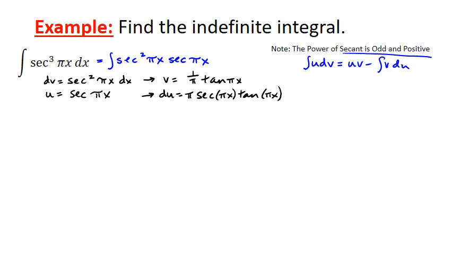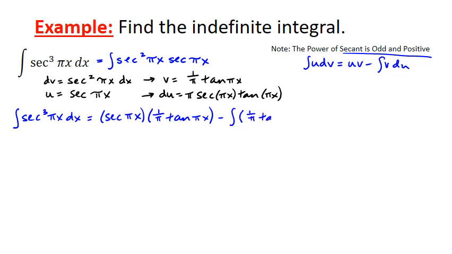Okay, so here we go. Now that we know all of these pieces, we are going to apply integration by parts. So this function, what we started with, is equal to u times v minus the integral of v du.